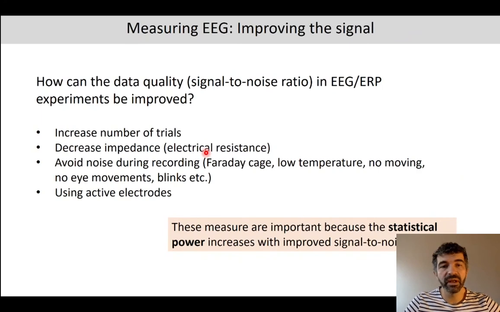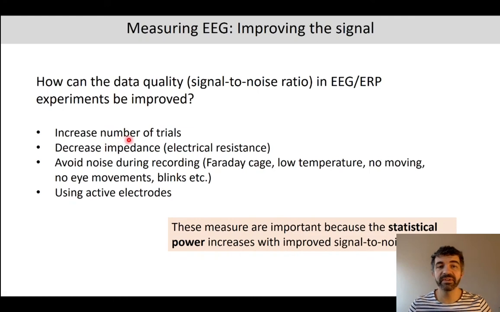So I pointed out several times that it's very important to obtain good data quality, a good signal-to-noise ratio. It is already quite demanding of participants to let them do so many trials. So we should make every effort possible to reduce the noise and increase the signal-to-noise ratio.